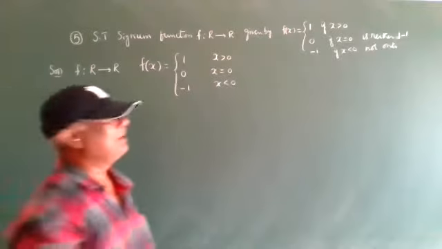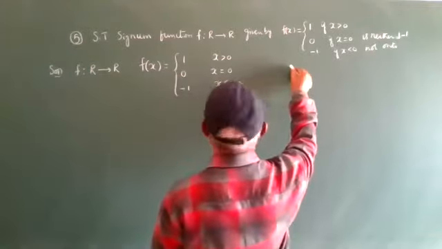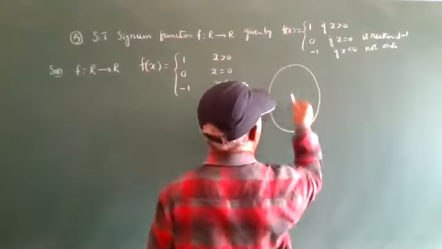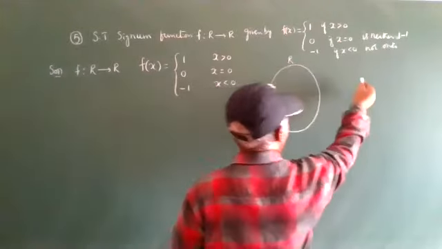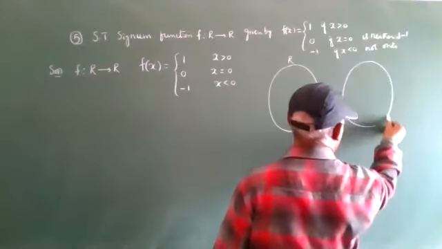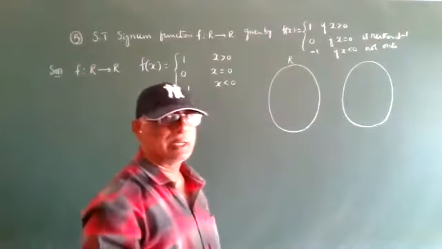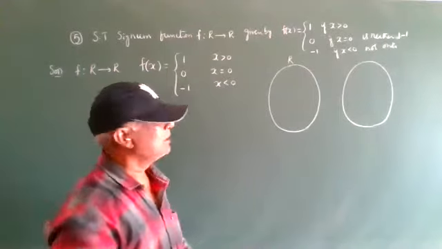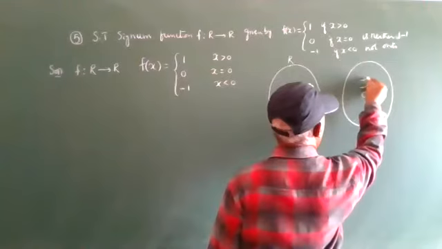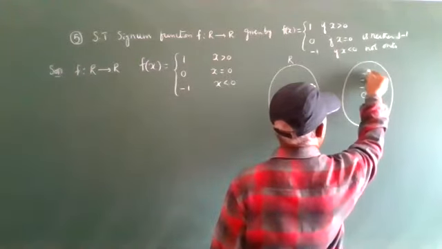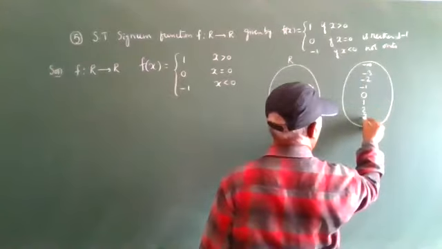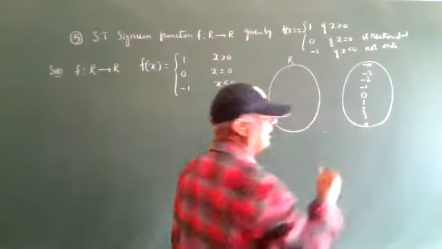Right. First I will draw the figure. What are the real numbers? Already we know that. First set is the real numbers, second set also real numbers. Real numbers mean all positive values, negative values, from minus infinity, 1, 2, 3, up to plus infinity.